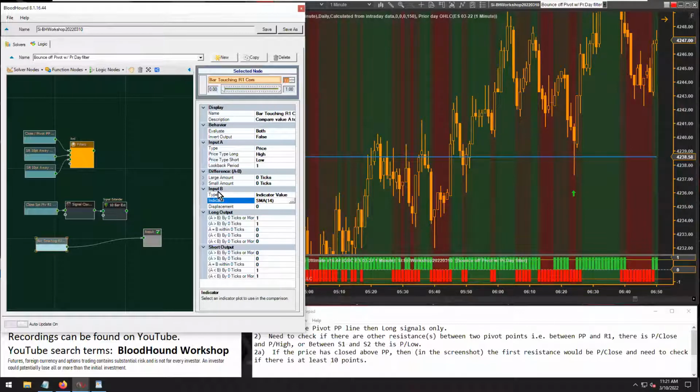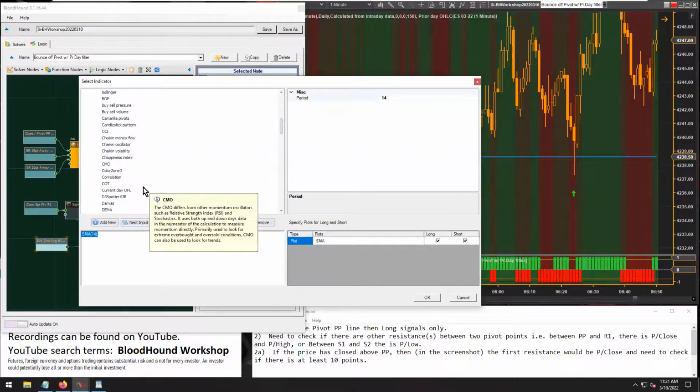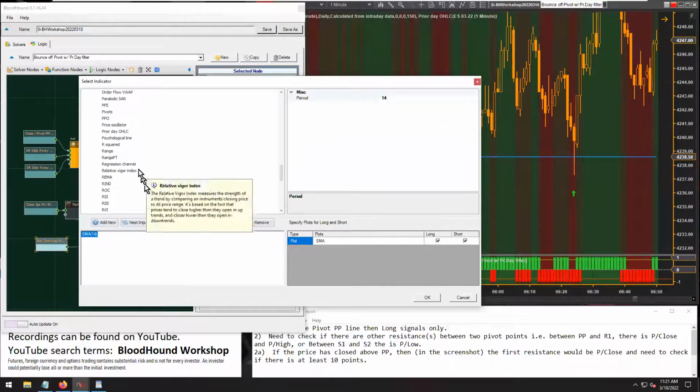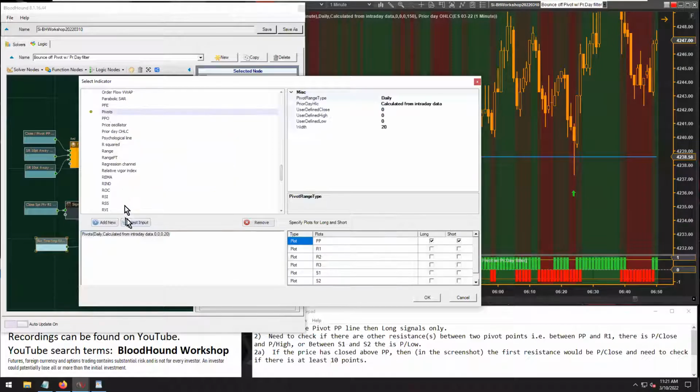And input B, that's going to be the R1 line. So we have to select the pivots indicator, and we're going to use R1 there, select R1.